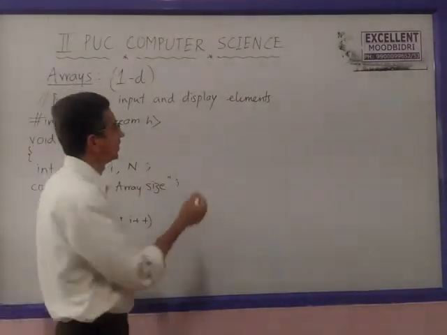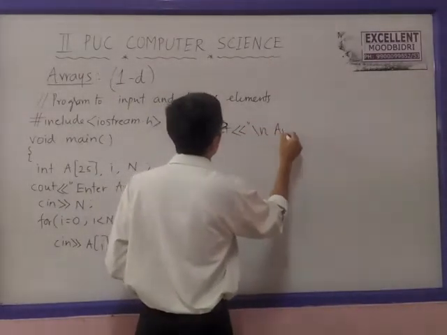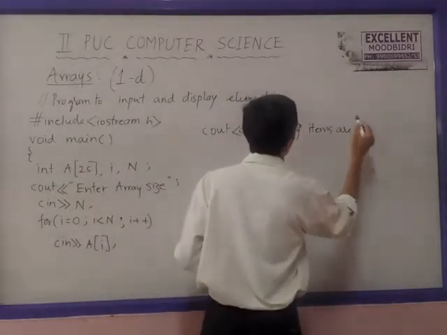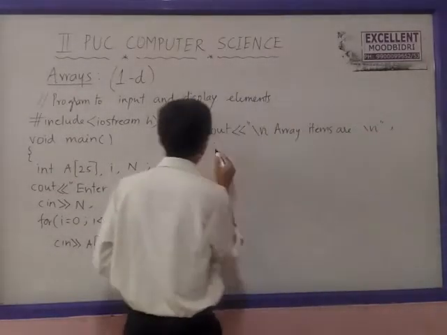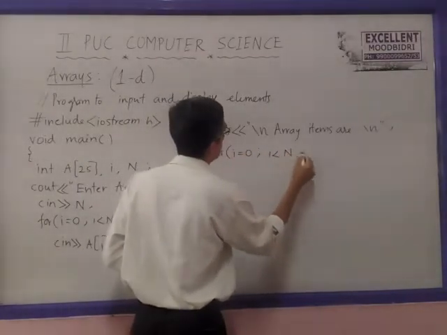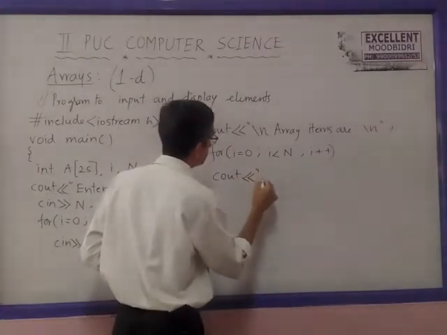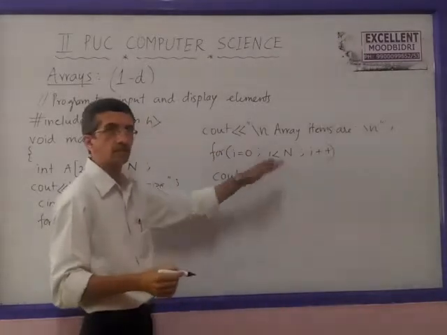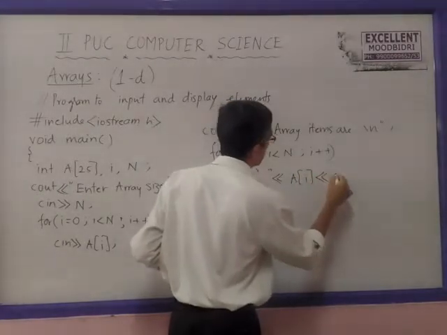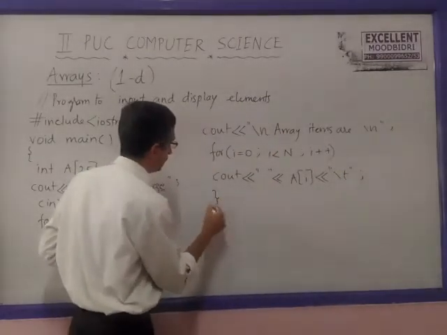And in the same way, display the items of the array. cout array items are, and once again the for loop, 0, i less than n, i plus plus, cout a of i, after leaving a space, like slash t, and end of main.